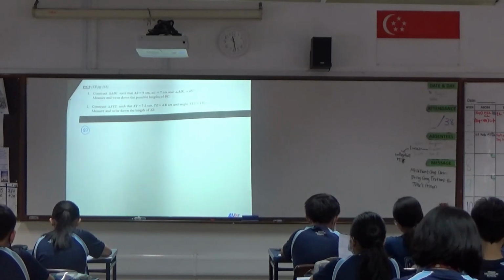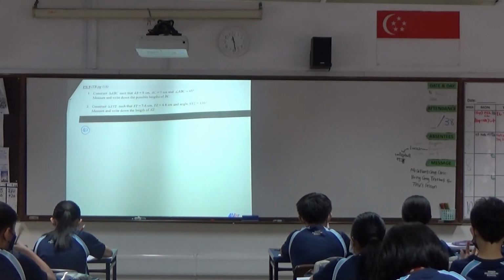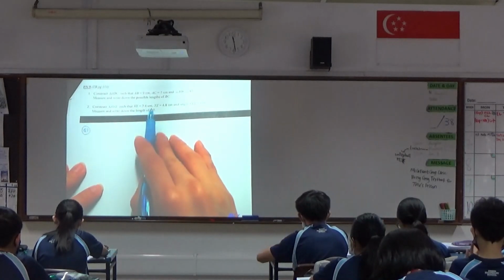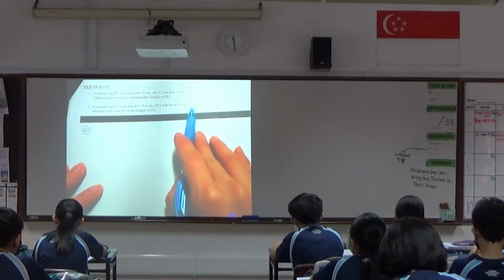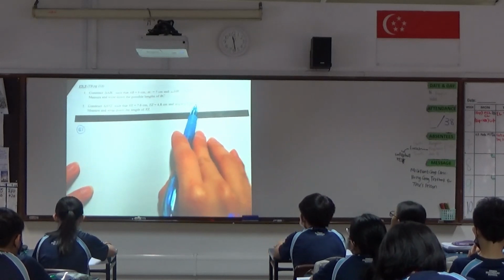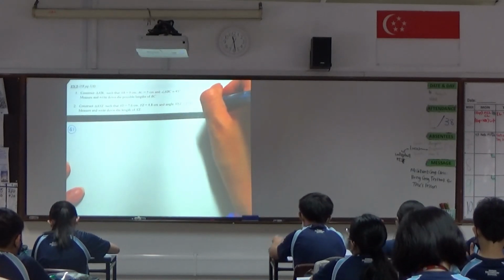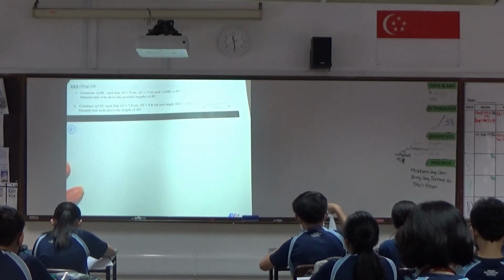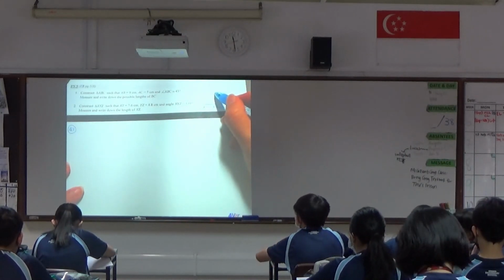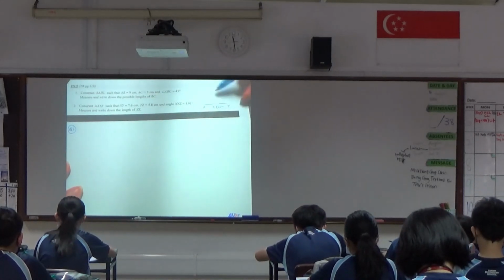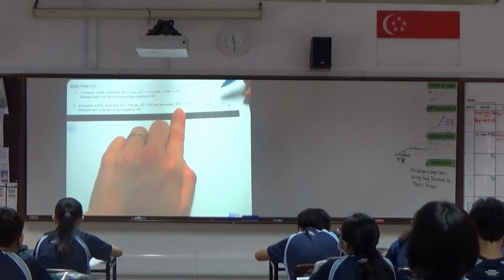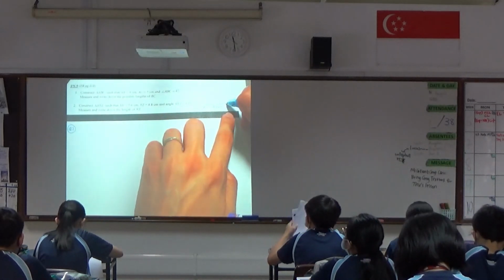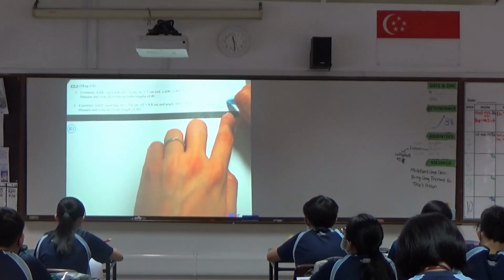So in question 2, listen carefully. We want to construct triangle XYZ such that XY is 7.6, YZ 4.8, angle XYZ is 130. So the sketch that we will draw, XY 7.6, okay, YZ is 4.8. But maybe before we draw in the YZ, we have an angle reference over here that says angle XYZ, which is obtuse, so that means it must open in this manner.